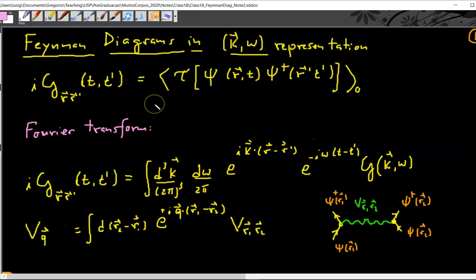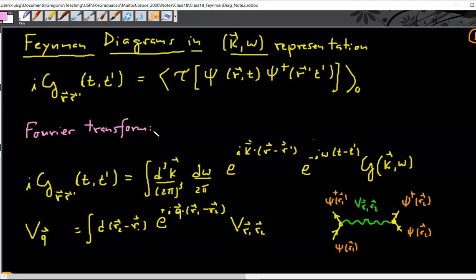Now, if the system is uniform in time, meaning that the Hamiltonian is not time dependent, then this would be a function of t minus t'. And if the system is uniform in space, this should be a function only of the difference between r and r', and not on the coordinates themselves.